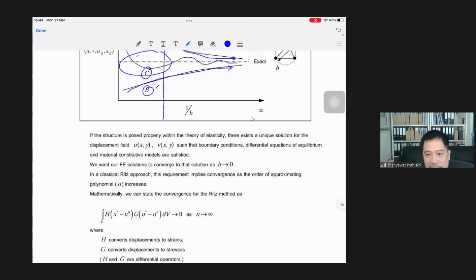So if you can approximate the displacement exactly, then it means you get the exact solution. But if you can't approximate your displacement exactly, then you have to make sure that you're getting closer and closer to the actual displacement field.